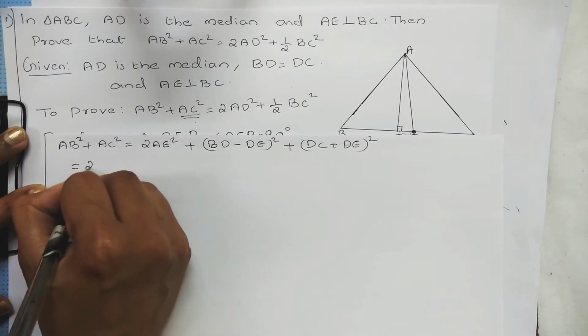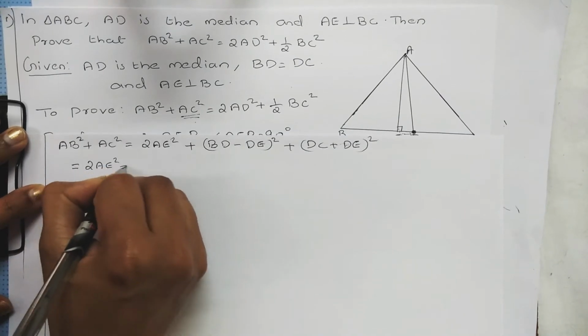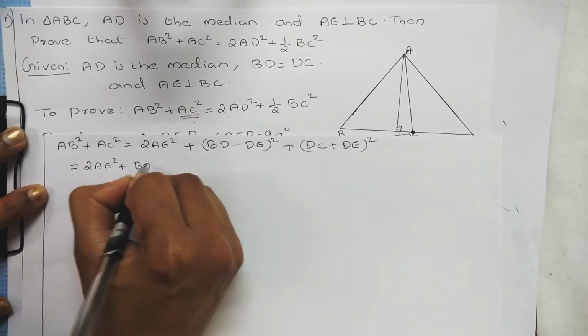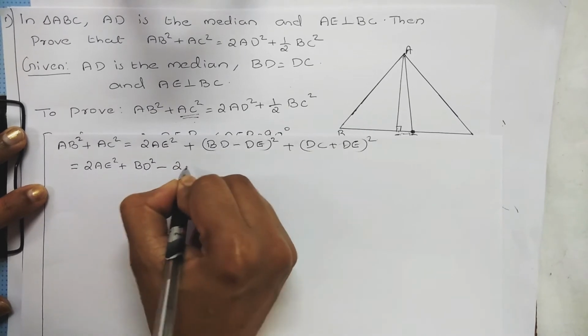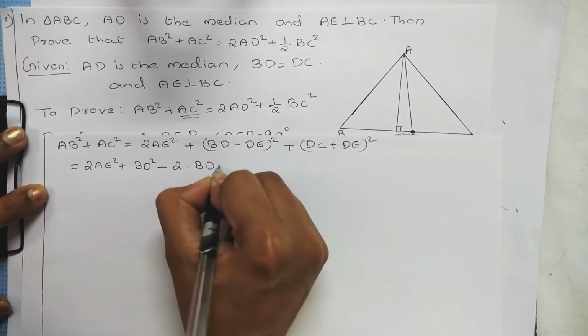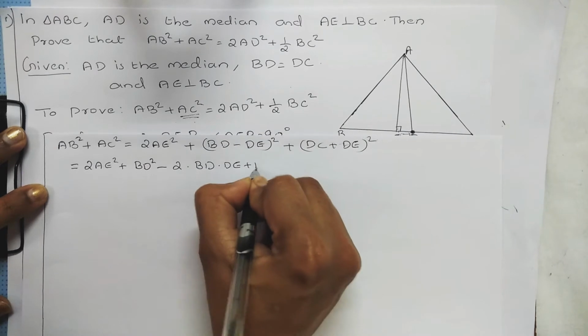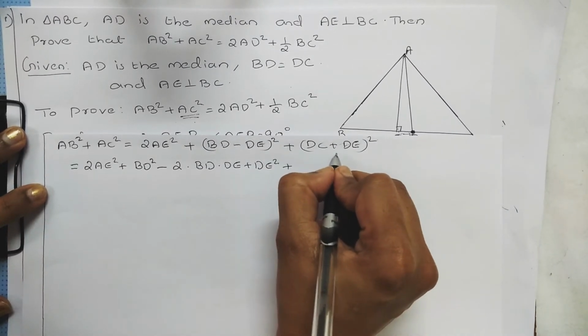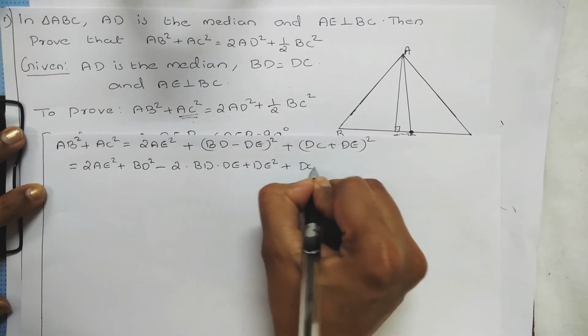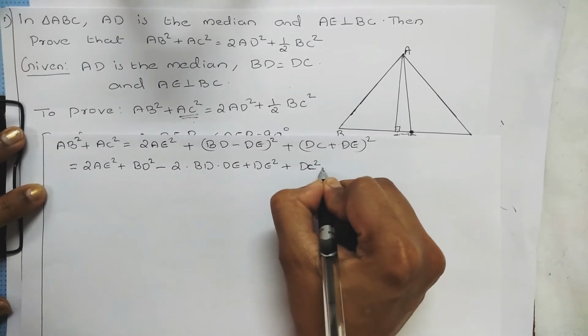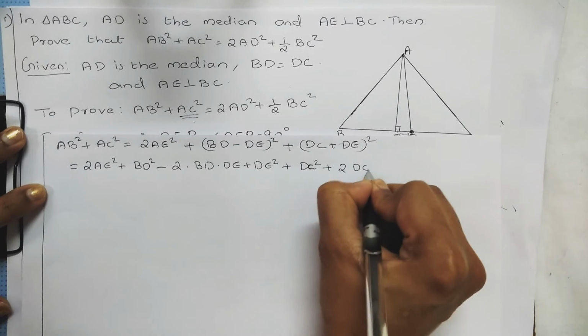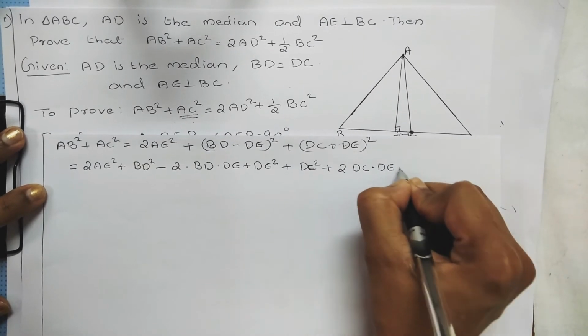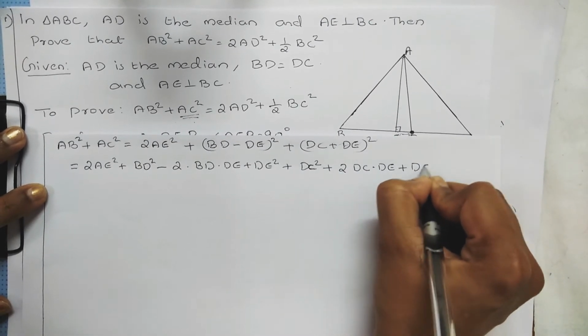So 2AE square plus BD square minus 2 into BD into DE plus DE square, plus, this is expanded by (A plus B) the whole square, DC square plus 2 into DC into DE plus DE square.